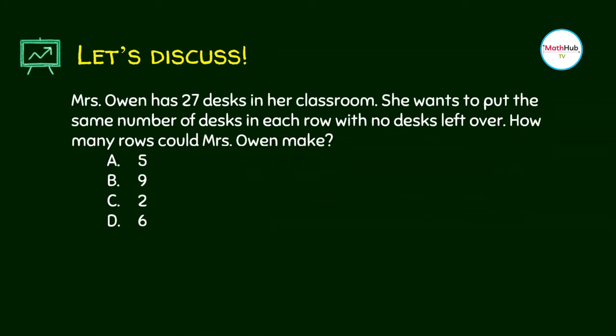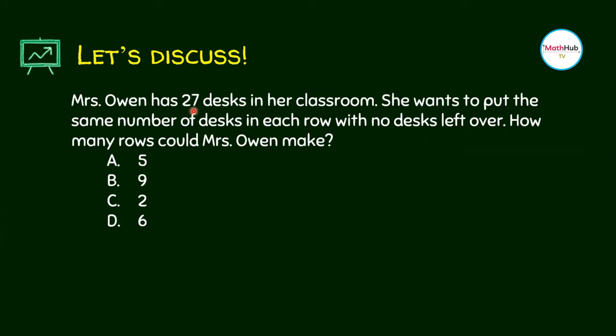Next, Mrs. Owen has 27 desks in her classroom. She wants to put the same number of desks in each row with no desks left over. How many rows could Mrs. Owen make? What kind of question is this? This is just a matter of finding out which of these numbers can divide 27, right?